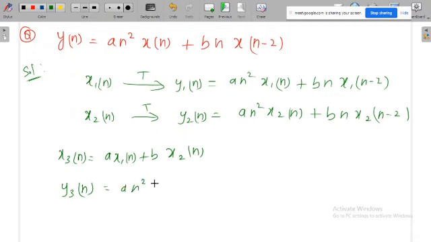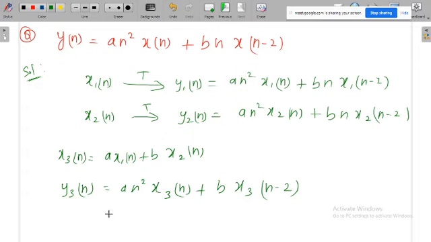So a n square x3 of n plus bn x3 of n minus 2, and then you can replace x3 of n with this equation. Here also x3 of n, but with a delay of minus 2. That means the same equation, but instead of n you have to write n minus 2.